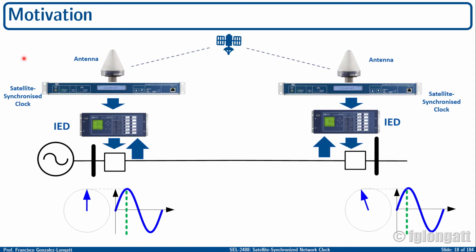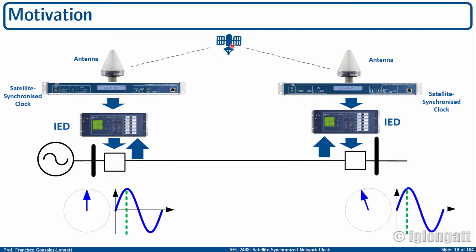To be honest, you can imagine that we have a transmission line, we have a circuit breaker here, and a circuit breaker there. There are some measurements, and you must remember those measurements come from instantaneous values, the sine wave that I am presenting over there in blue.